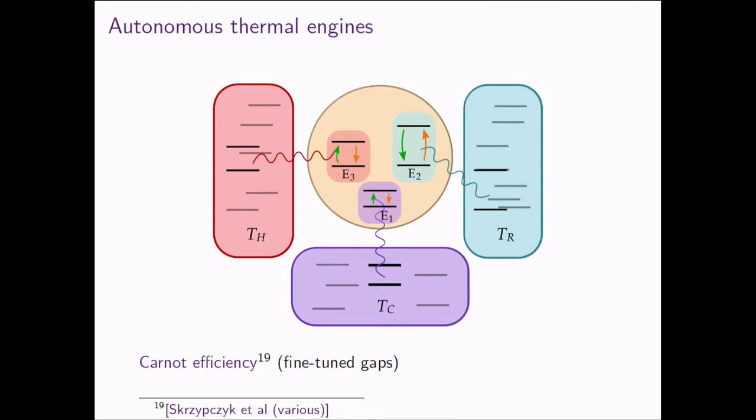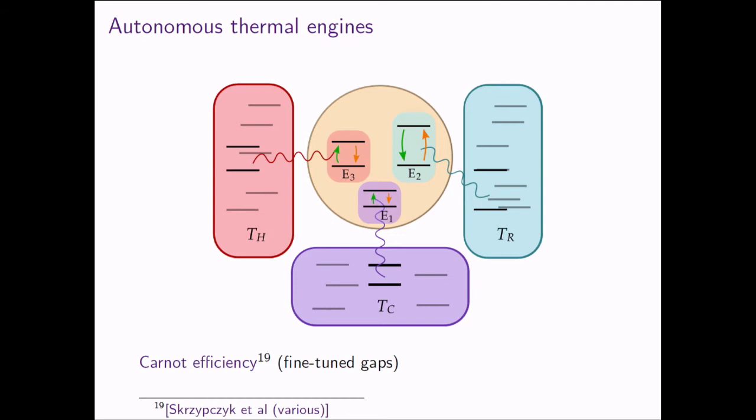So the idea behind these engines is you take one qubit and you put each qubit in contact with a bath, so that it thermalizes. But you choose these gaps very carefully, such that they match in some way that is convenient for an engine. So in this case, this gap plus this gap equals that gap.